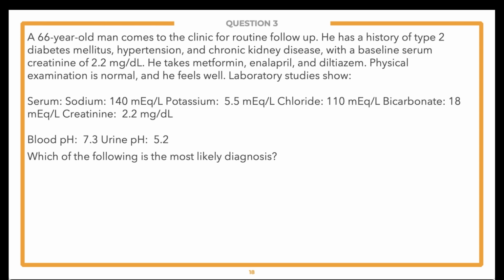Laboratory studies show the following lab numbers. I'll let you read those yourself. So once again, taking all of that in, which of the following is the most likely diagnosis? We've already figured out this is a one-step question, so I'm going to hand it over to Sean to take it from here.